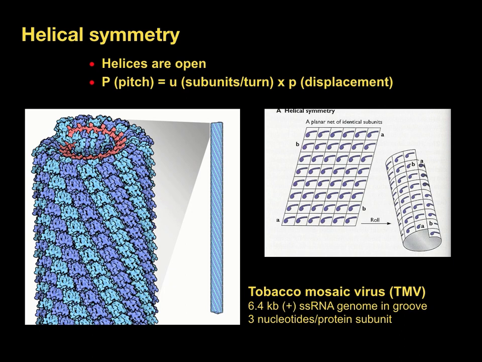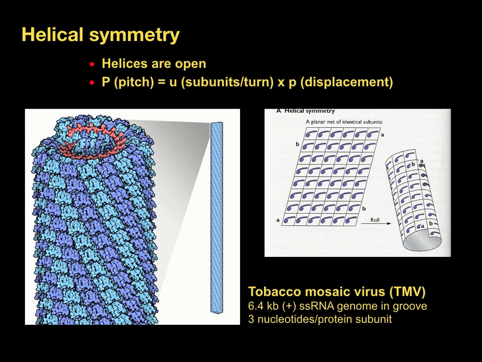Here, the same protein looks the same all around, and it can also get as big as needed. So if the DNA is longer, you just need to add more subunits. The problem is that the ends are open.